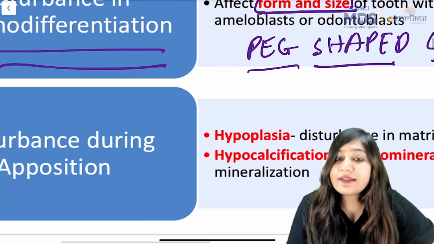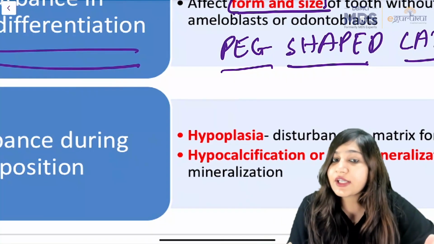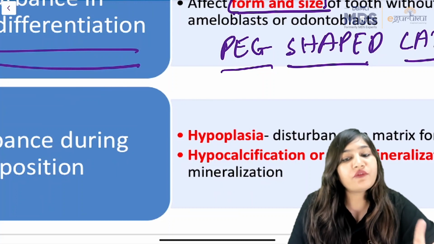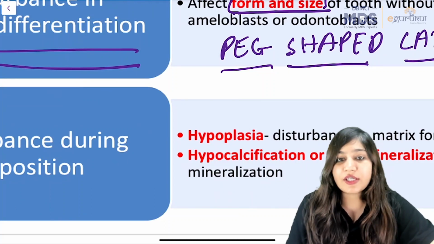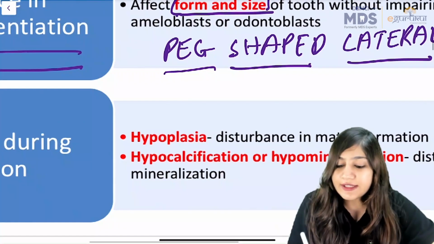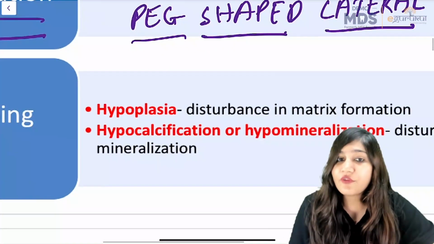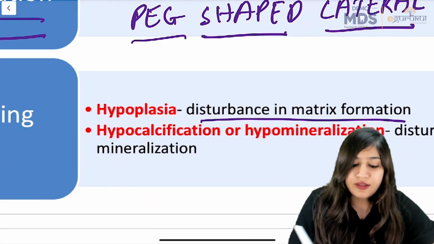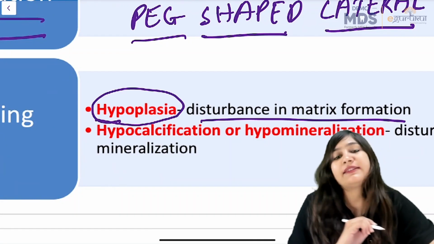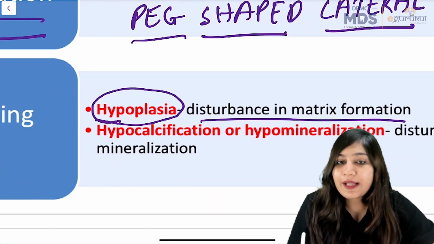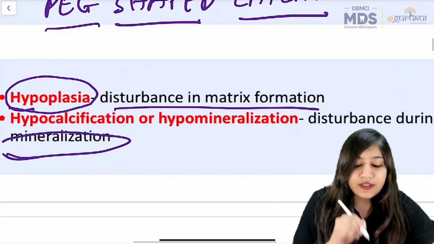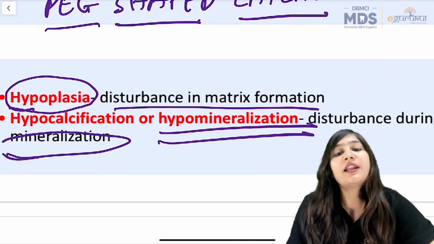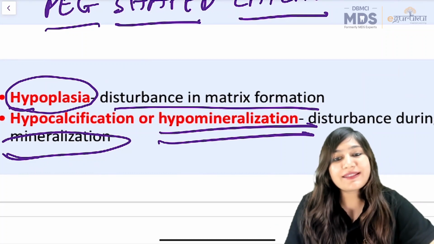So if there is disturbance during this stage, which consists of two parts, first, formation of organic matrix, and next is mineralization or maturation. If there is disturbance in matrix formation, then hypoplasia of the teeth will be present, and if there is a defect in mineralization, then hypocalcification or hypomineralized tooth will be seen.